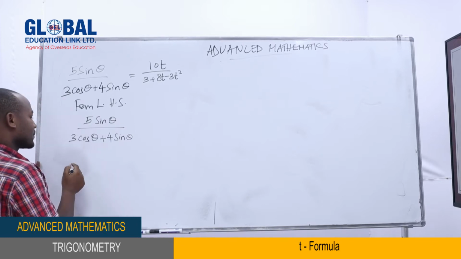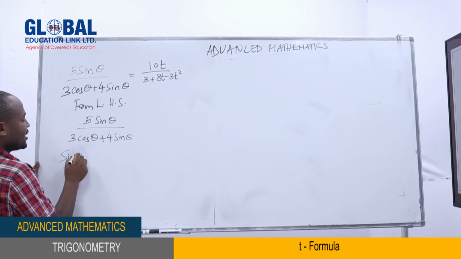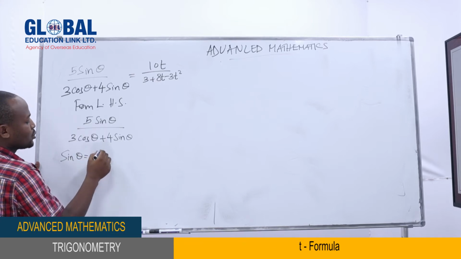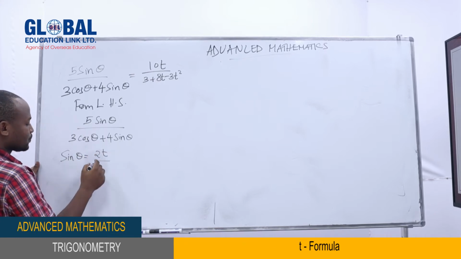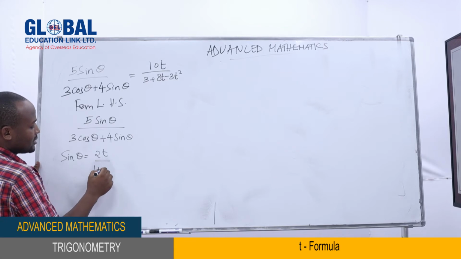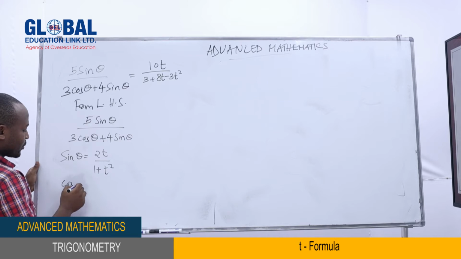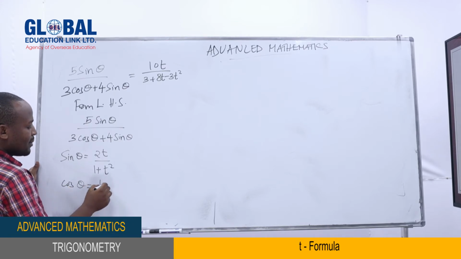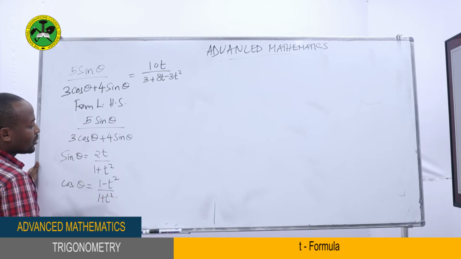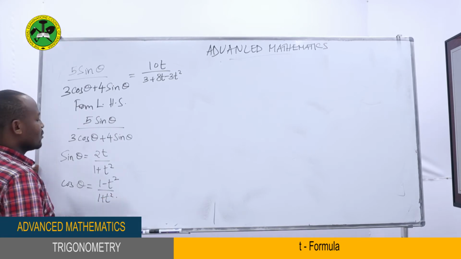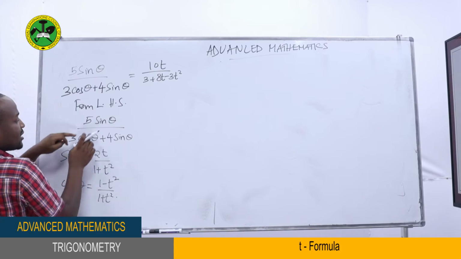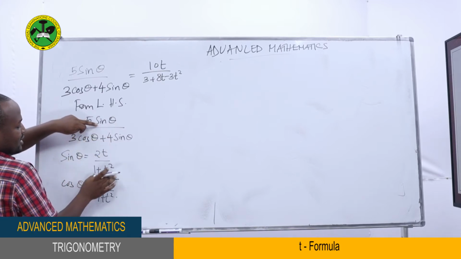But we know that sine of theta equals 2t over 1 plus t square, as we did in the last part, and cos of theta equals 1 minus t square over 1 plus t square. I do hope you remember from your lessons in class. That is to say, in the place of sine theta, we are going to replace it with this one.